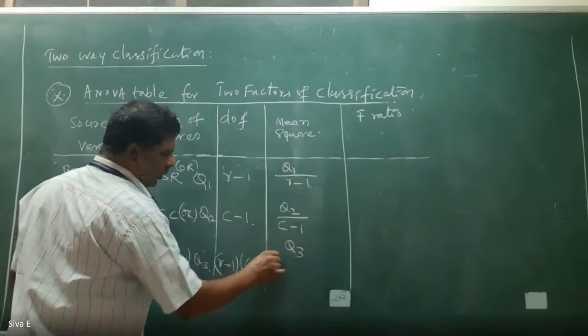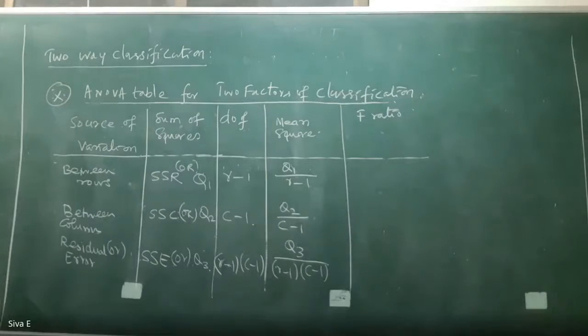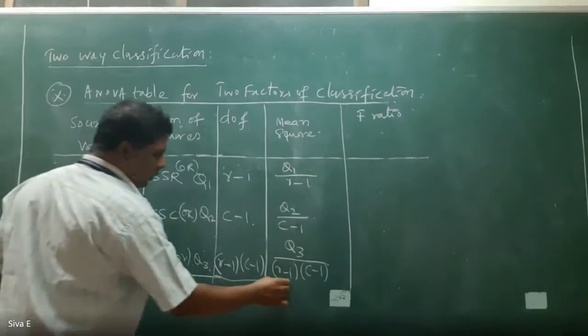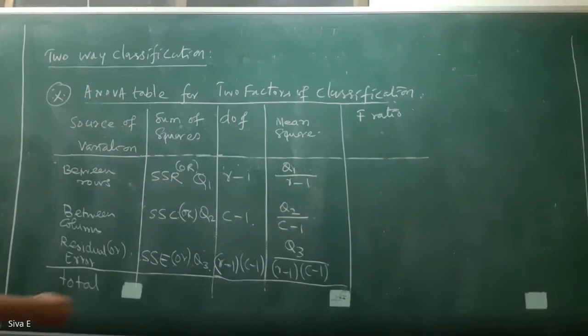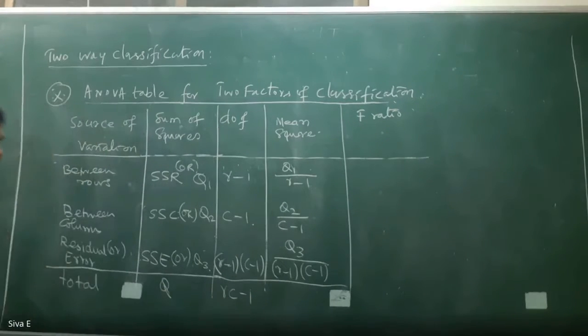Mean square value is Q3 by (R minus 1)(C minus 1). Total degrees of freedom is RC minus 1.